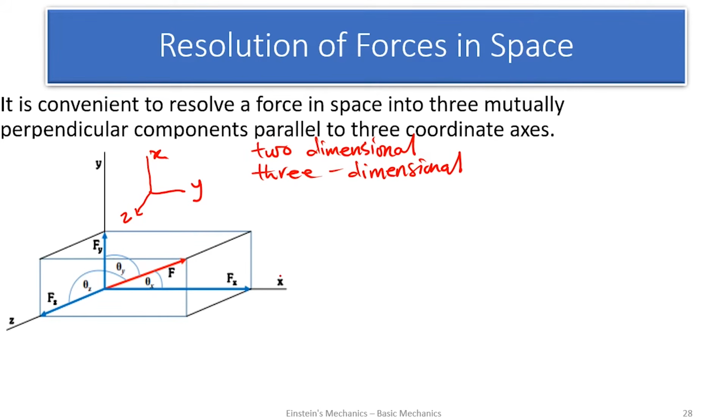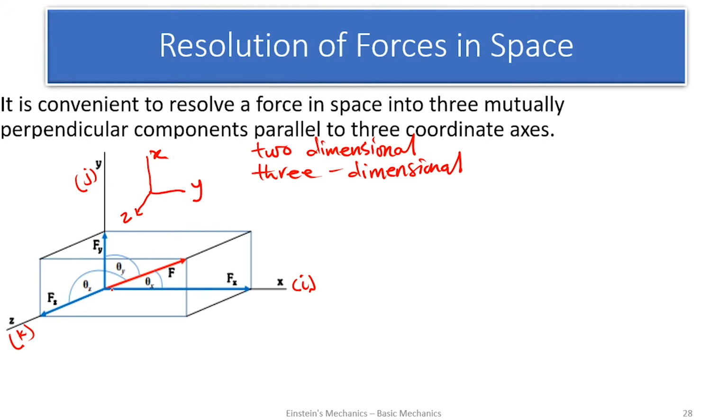So here we call our axes x, y, and z. Another name, we name them i, we call this j, and the z as our k. Take note of that. So the ijk system when we are dealing with space resolution.